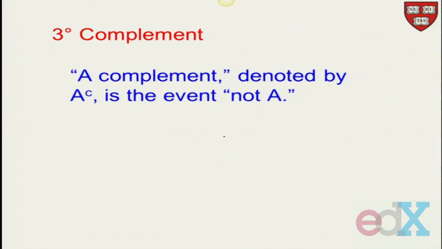Lastly, we come up with the idea of a complement. And this is complement with an E, not with an I. So it's not, you look great today. That's a compliment with an I. This is a complement with an E. It's denoted by A complement, A superscript C, and that's the event not A. Okay?